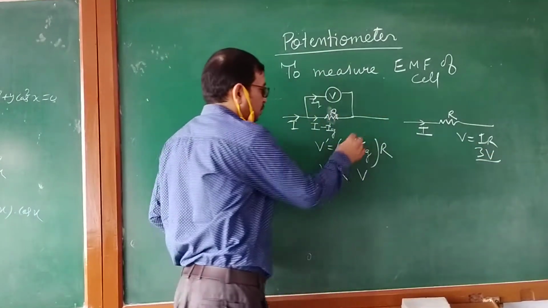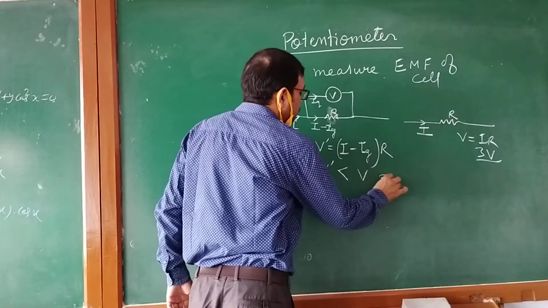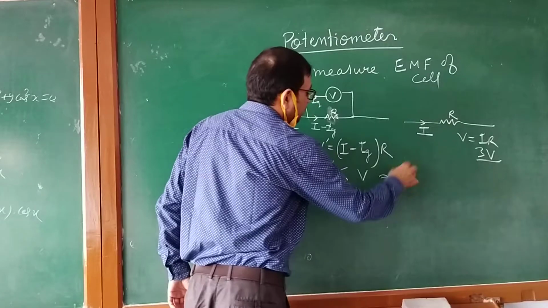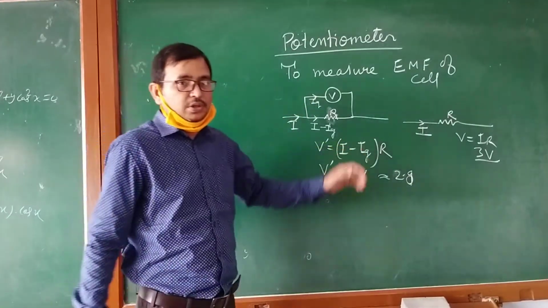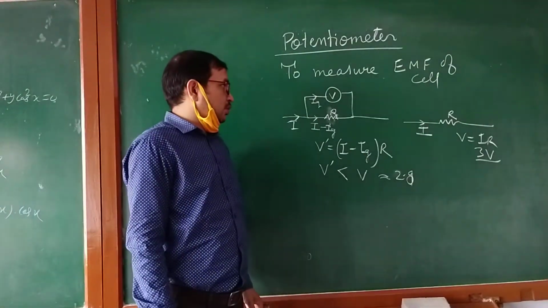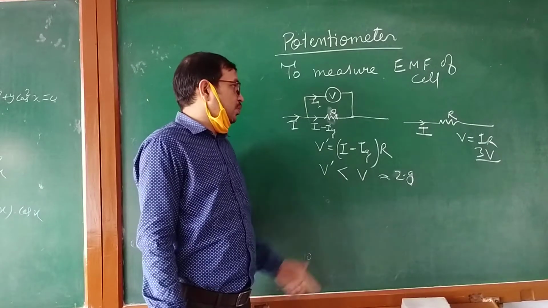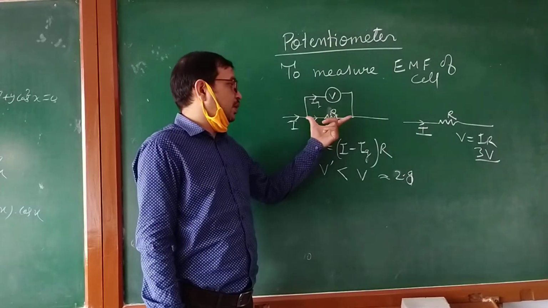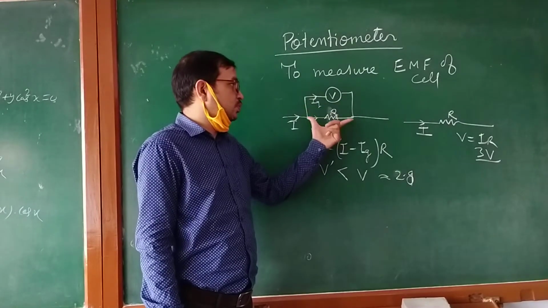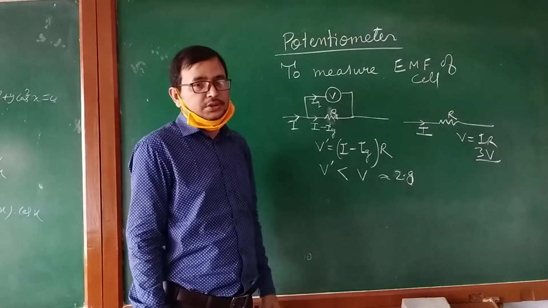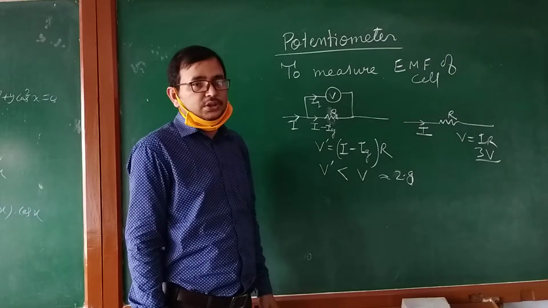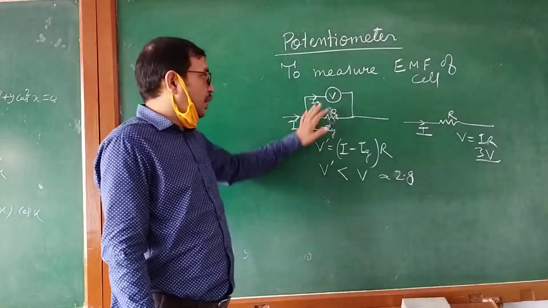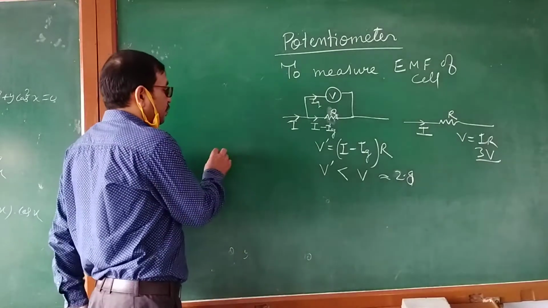In this case you will get near about 2.98, 2.8 or something like this. You will not actually get the 3 volt. So that's why a voltmeter cannot be used to find the actual potential difference across a resistor, because some current is drawn. Clear? Similarly, it cannot be used to measure the EMF.